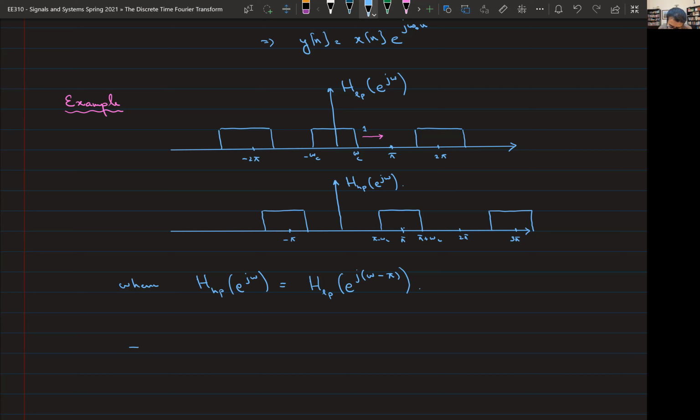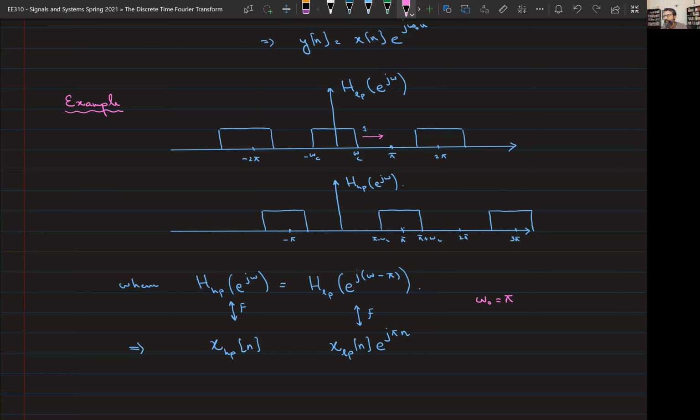The shifting property states what? If I take the inverse Fourier transform on both sides, of the high pass signal, what do I get here? I get x of low pass times e raised to the power j pi n, where omega naught is actually equal to pi.